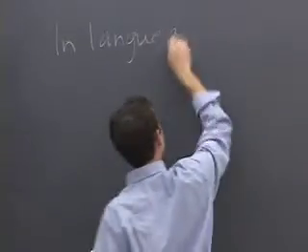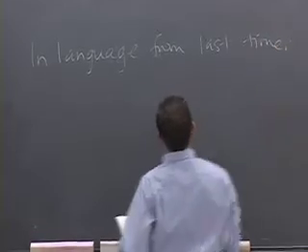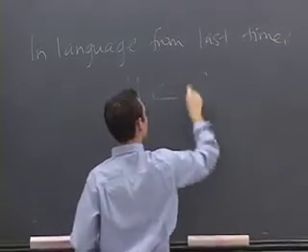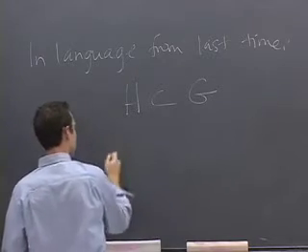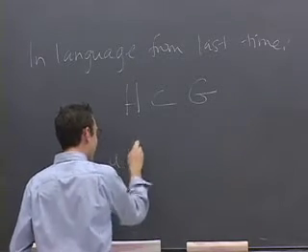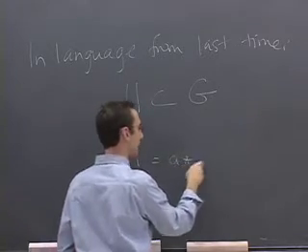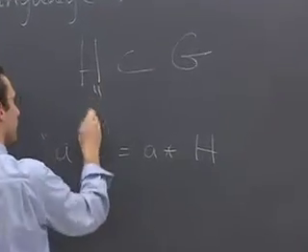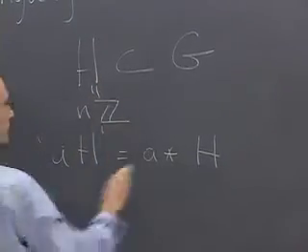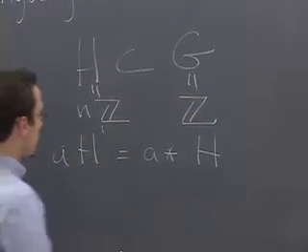So, in the language from last time, where we had some subgroup H of some group, we had these things that looked like aH, or perhaps better written a operation H. But we're working with nZ, the subgroup of Z, where the group operation is denoted plus.